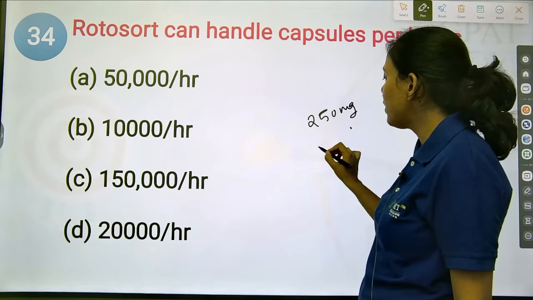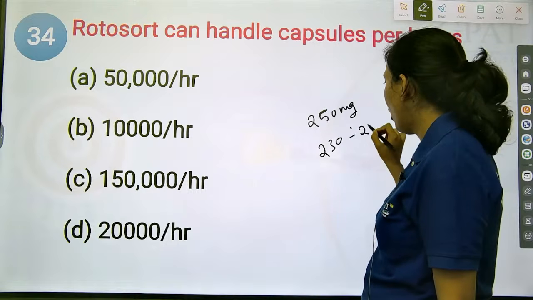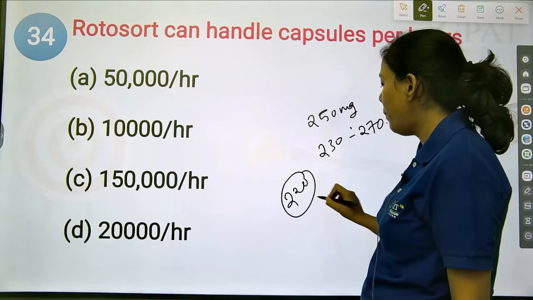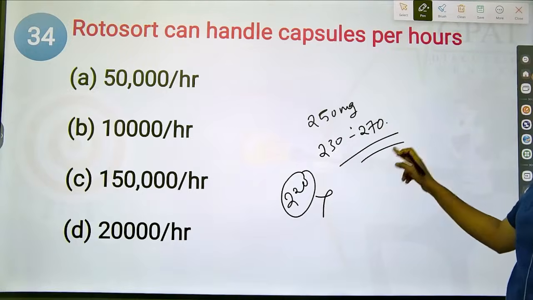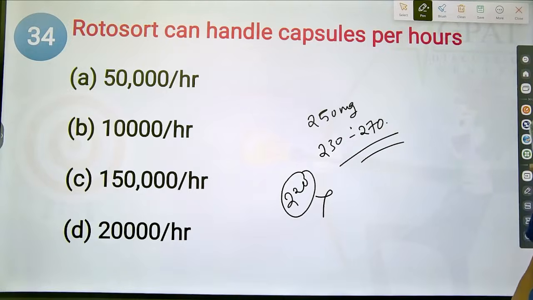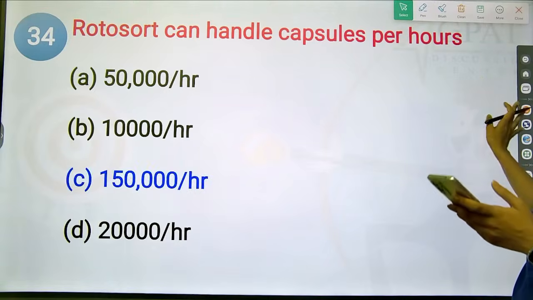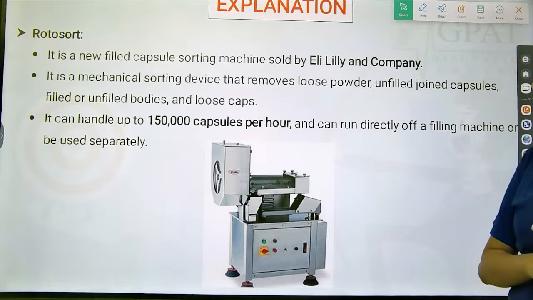For example, you set the limit between 230 to 270 or 280. Then if the capsule weight is 220 mg, this will be directly sorted out, and whatever capsules are in this range, only those it will take, right? So option C is the right answer. Very good all of you. Option C is 1,50,000 per hour. That much capsules it can handle.